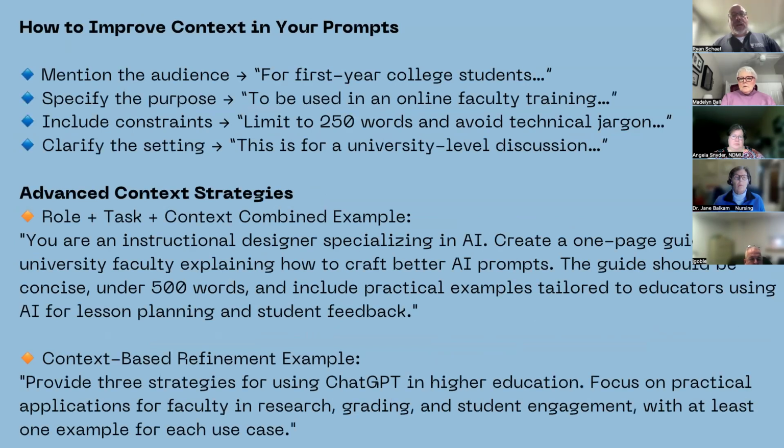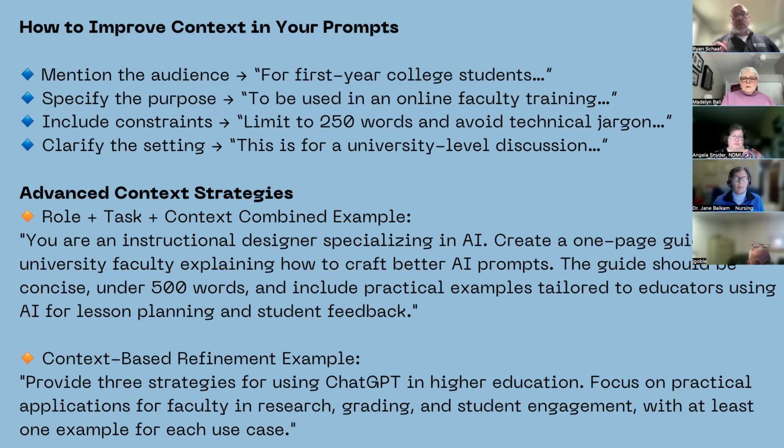So how to improve your context? Of course, mention the audience, specify the purpose. Identify constraints. So if you have a limit of 200, 250 words, or you could say, and I've had good luck with this, two or three paragraphs, because then it's not giving you a word count. It's really focusing on the ideas in those two or three paragraphs.